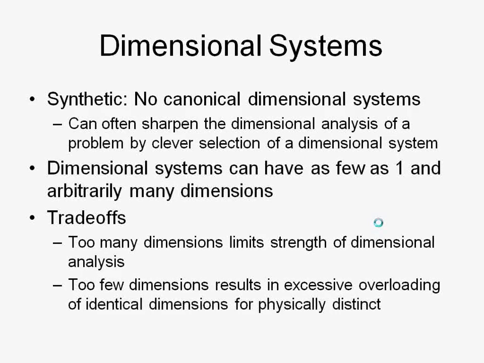Too many dimensions limits the strength of dimensional analysis. Too few results in overloading. You have no distinction between things, like zombies and humans. So we could in our model distinguish male and female as different dimensions. You can't have a male flowing into a female stalk.